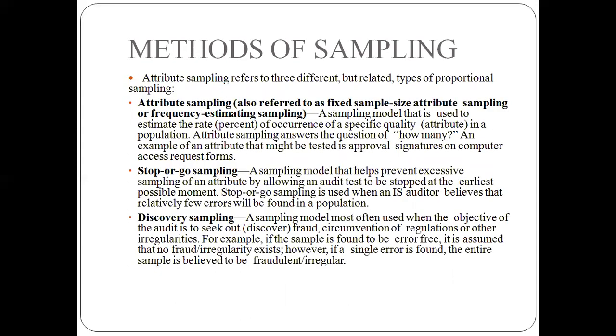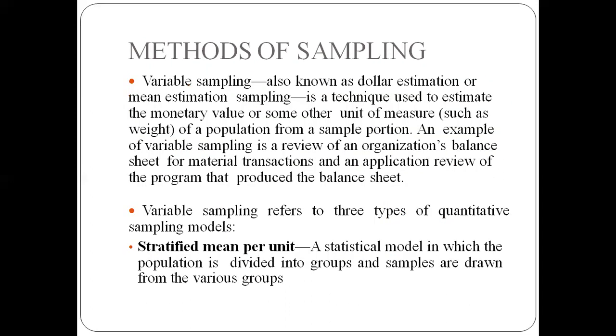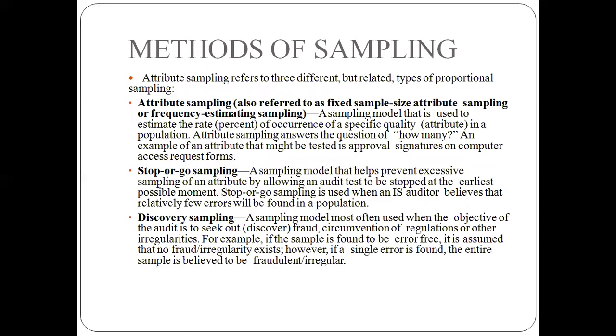Now let's look at methods of sampling. There are basically two. We have attribute sampling in CISA, and we have variable sampling also. Attribute sampling, just like the name, attributes are characteristics. So in attribute sampling, we use the characteristics of the population to decide what to select.